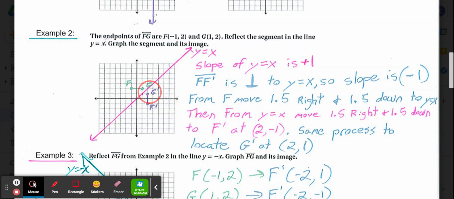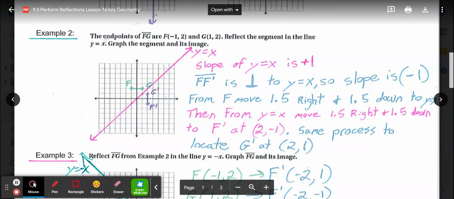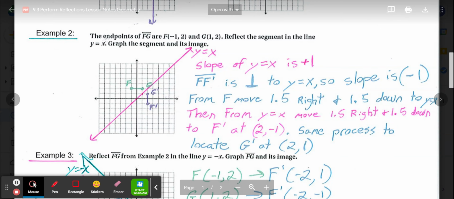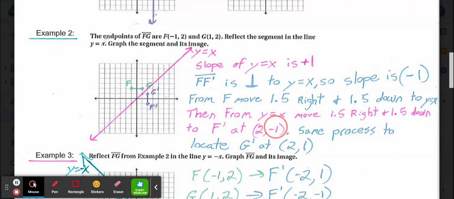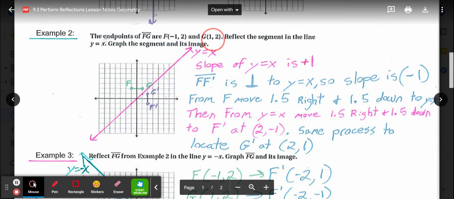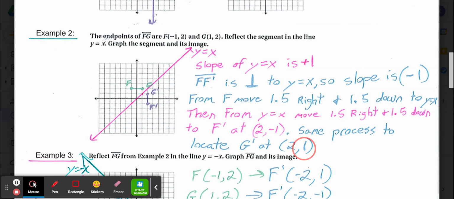So G prime would have to be right 1. So down 1, right 1 would give me a slope of negative 1. So if F was at (-1, 2), F prime is at (2, -1). If G was at (1, 2), G prime is at (2, 1).